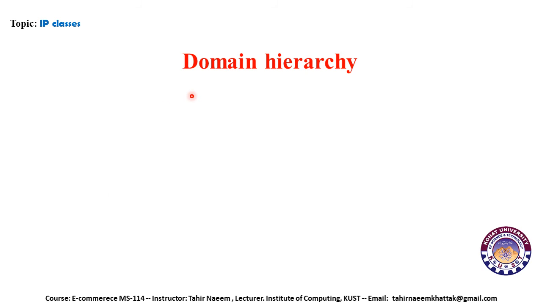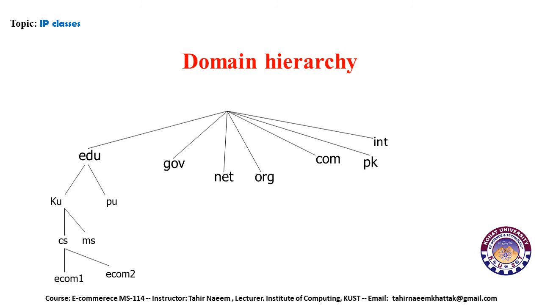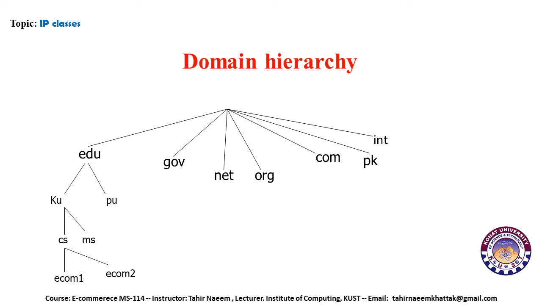So domain name hierarchy: basically a domain can be divided into different parts or subparts. Here I am giving you a generic example of how a domain has a hierarchy. EDU stands for, as you can guess, education, GOV stands for government, NET stands for network, ORG stands for organization, .com stands for commerce, .pk represents Pakistan, and INT international.